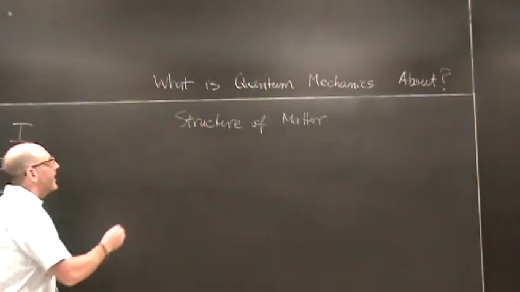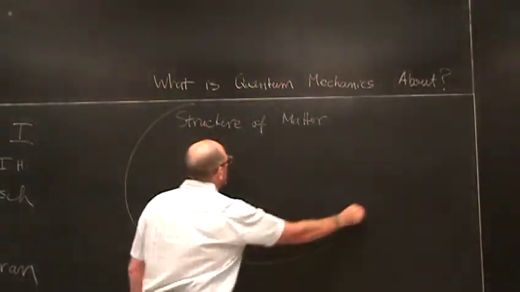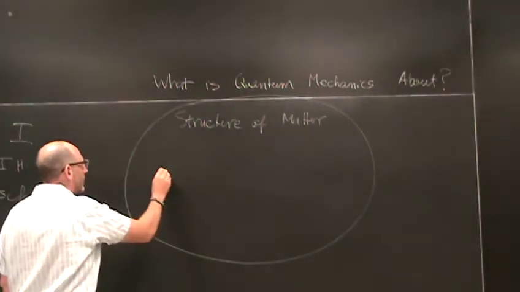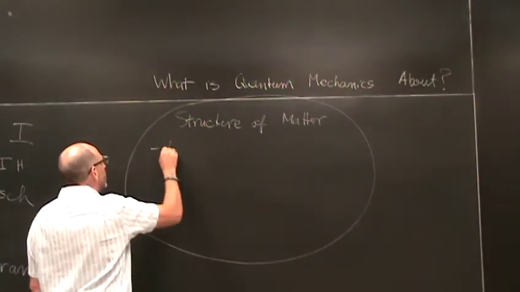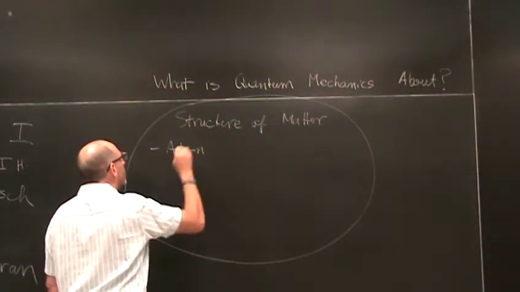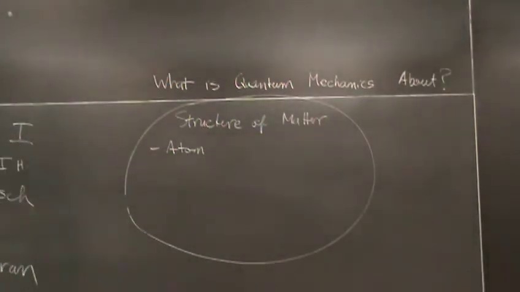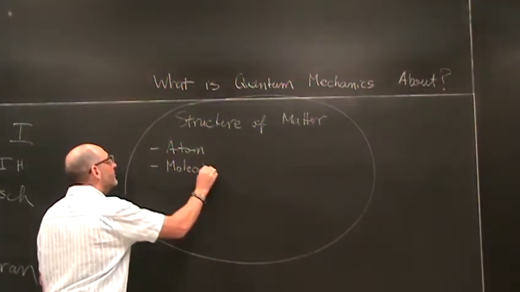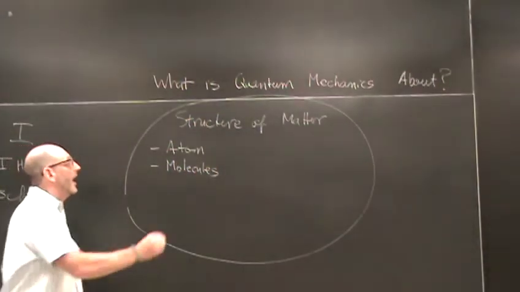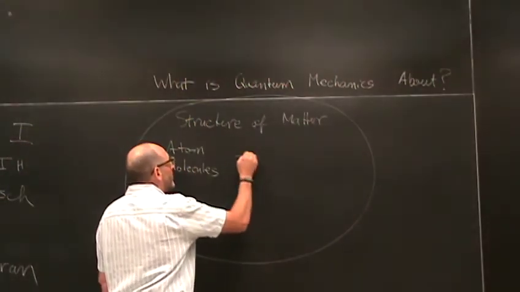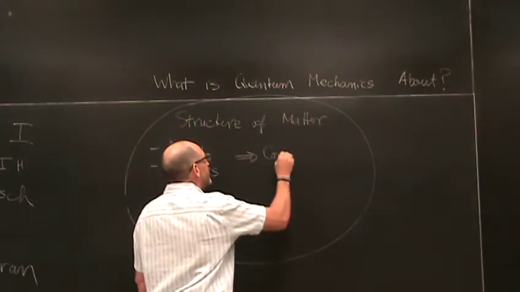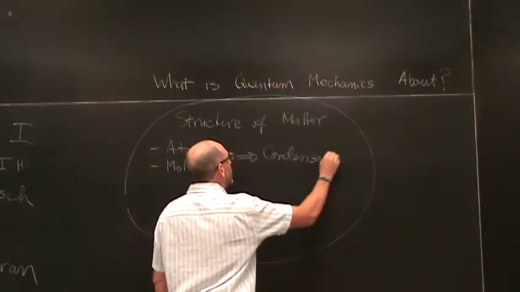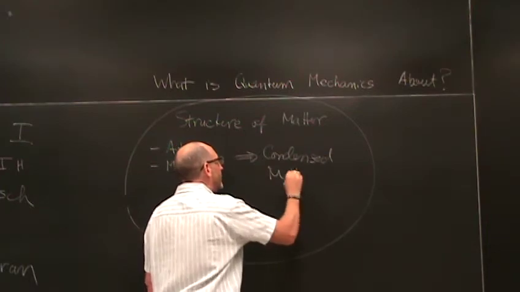That might include, the birth of it was atomic structure. Atomic physics and quantum mechanics were one and the same. And quickly, of course, you get a couple of atoms, and then you talk about molecules, and from there to a much broader subject of condensed matter.